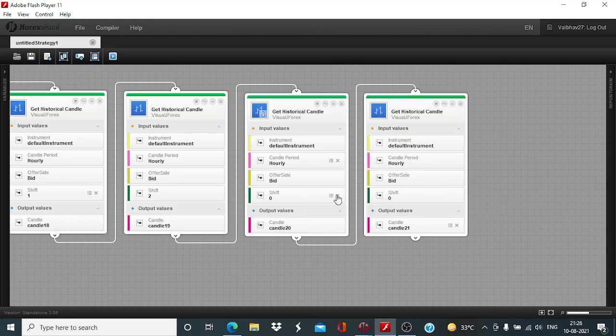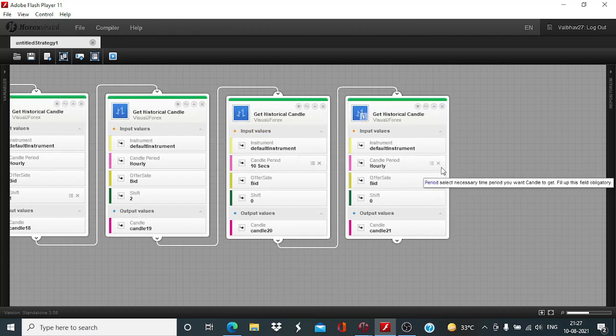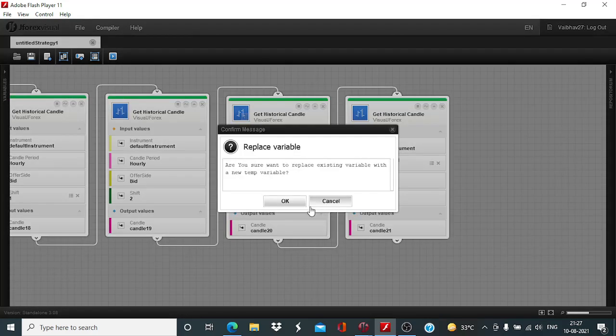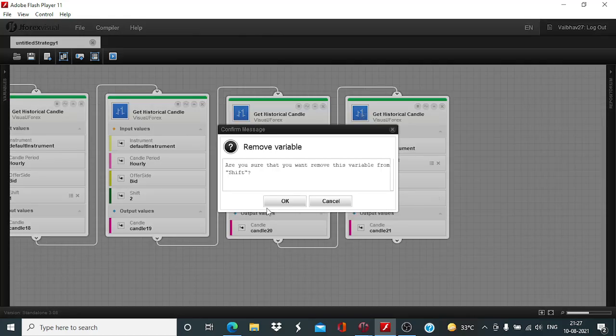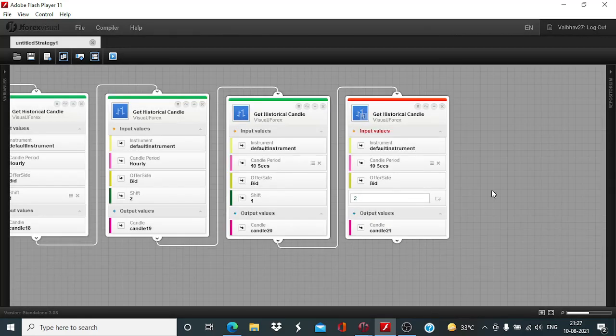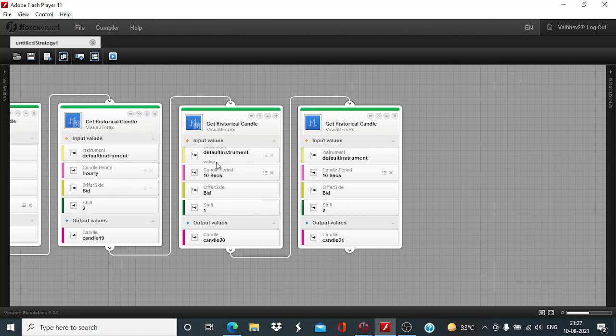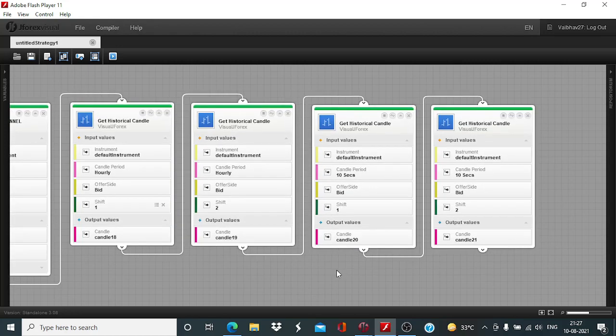Hourly, look back period of, oh sorry, this is the 10-second block, and this one also needs to be of 10 seconds with the shift value of 1 and 2. So we have these two 10-second blocks.